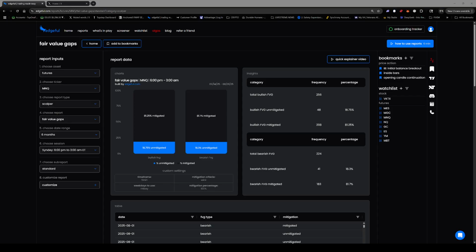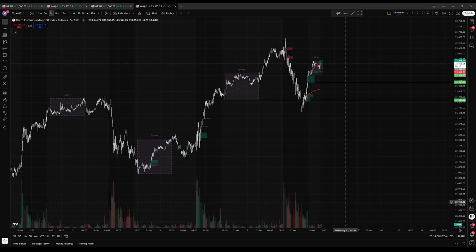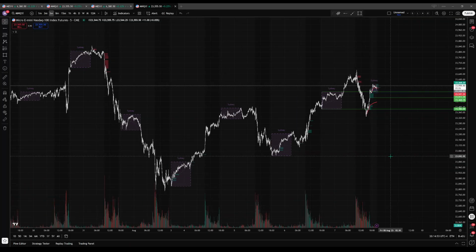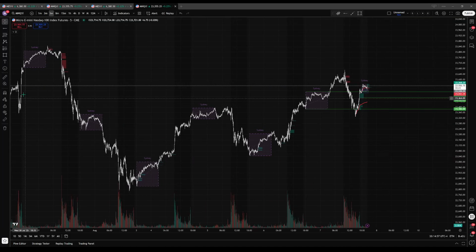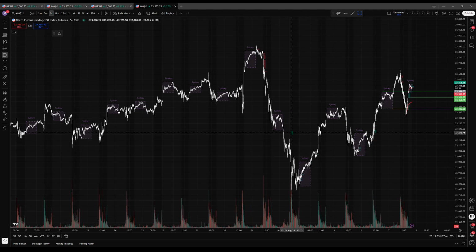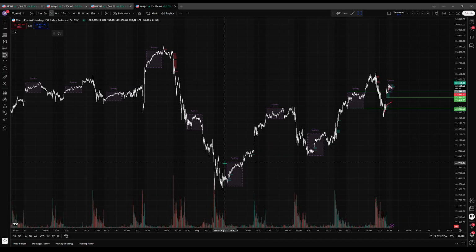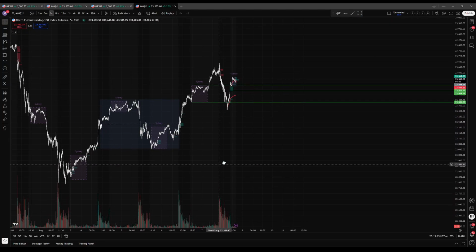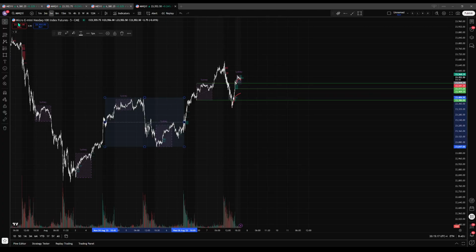But based on what I see more on the longer time frame or higher time frame, we are likely going to continue our move up.